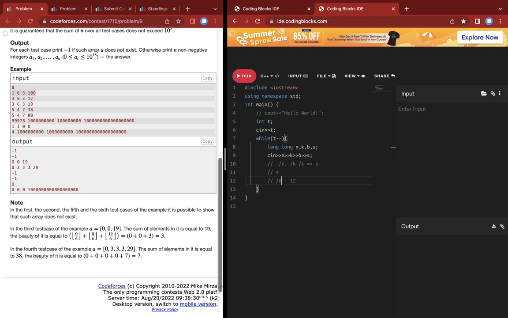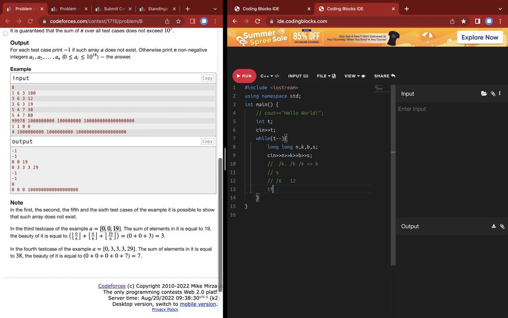Let's see the third test case. 0, 0, 19. What? Sum of elements is equal to 19. Beauty of it is equals to 3. Ah, I see.